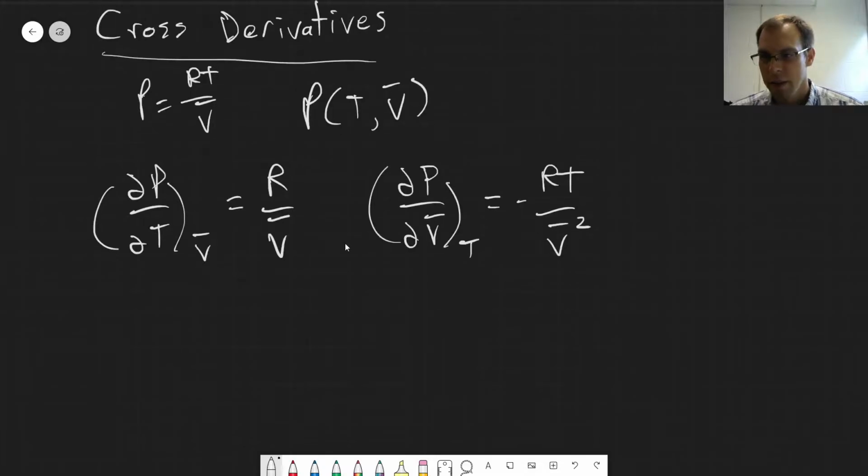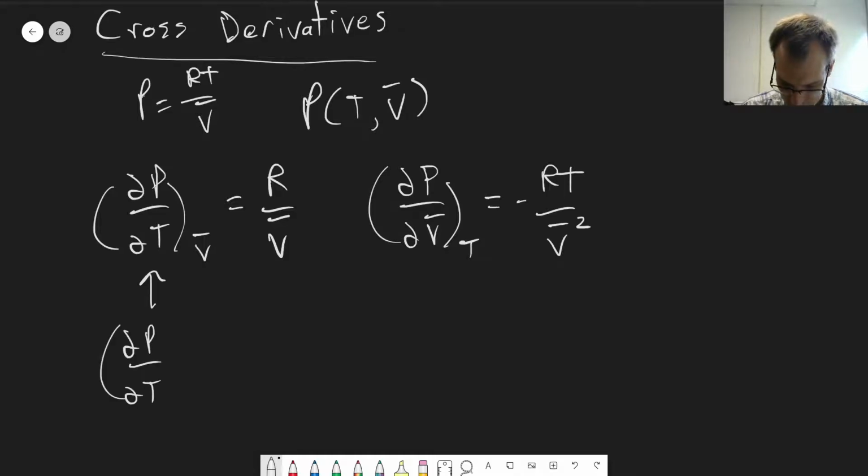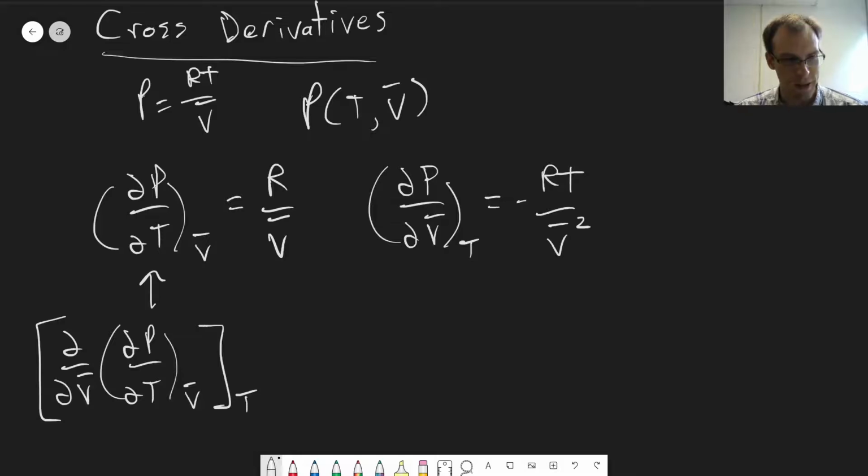Now we have two derivatives here, two different variables we can look at, and for the cross derivative we take these derivatives and then take the derivative with respect to the other variable. So we could take our ∂P/∂T at constant V bar, and take the derivative of this with respect to V bar, keeping T constant.